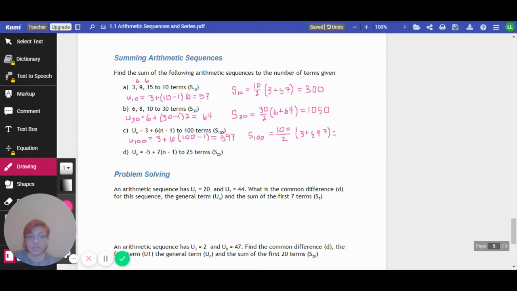One hundred divided by 2 times 3 plus 597. I got 30,000.